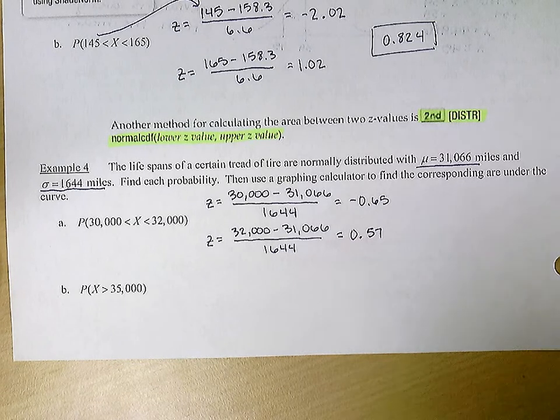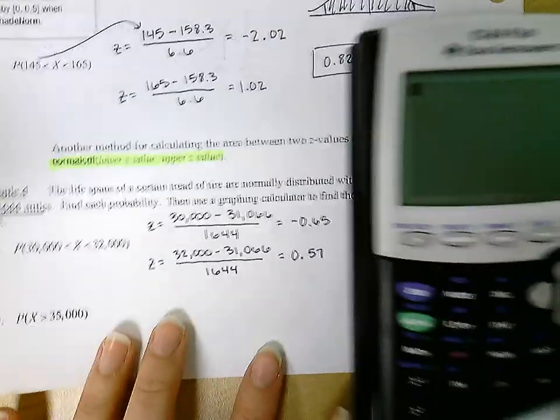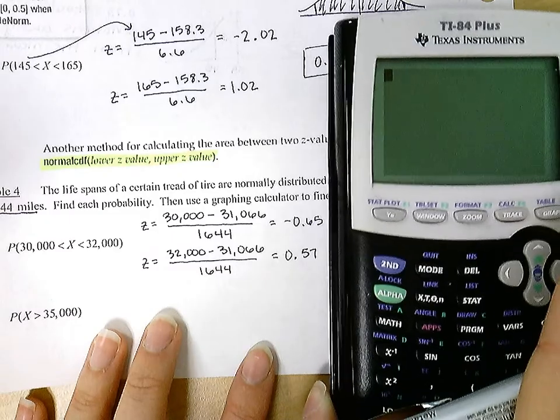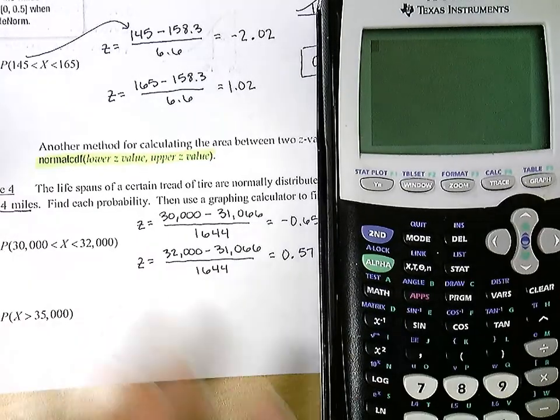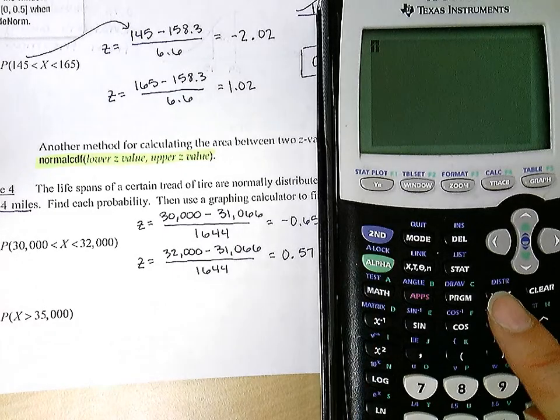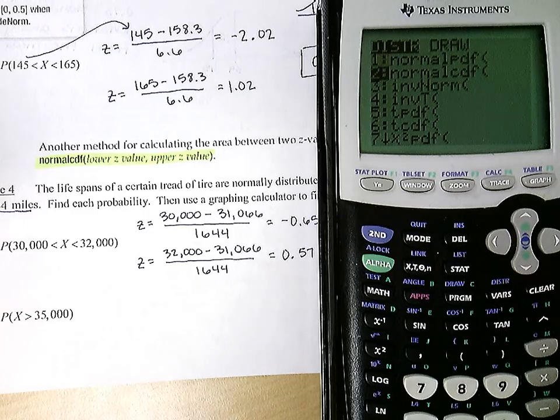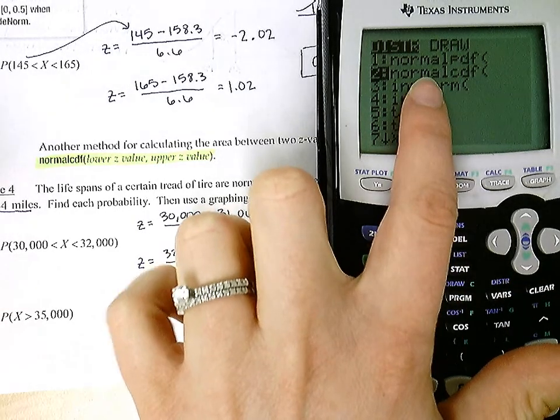So we can take our calculator and find the area under the curve between the two. And we're not going to draw it out this time. So again, press second, the distribution button, which is right above the bars. Go down to normal CDF.